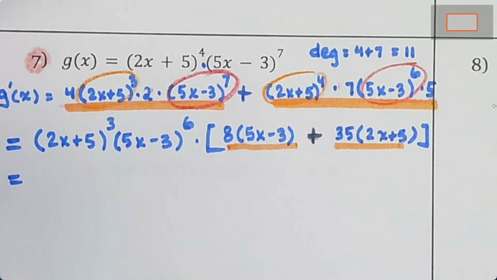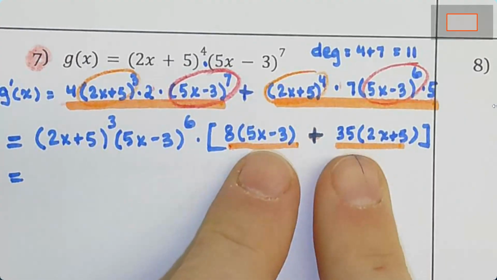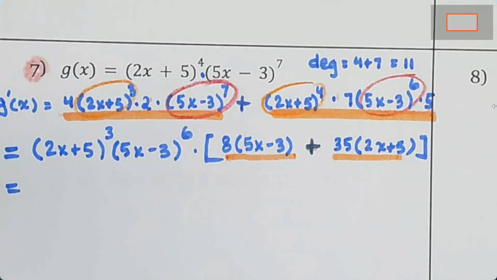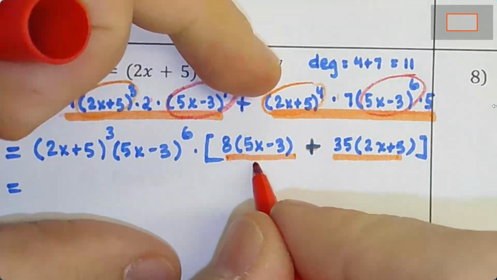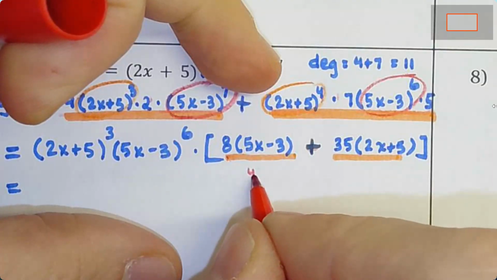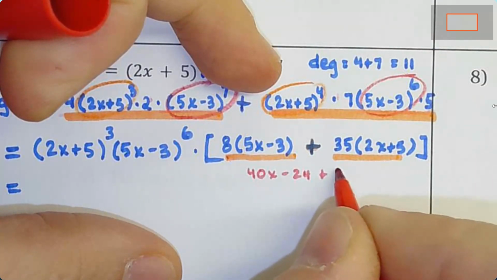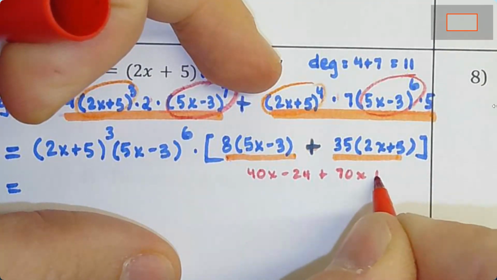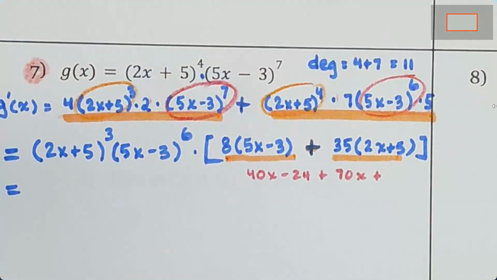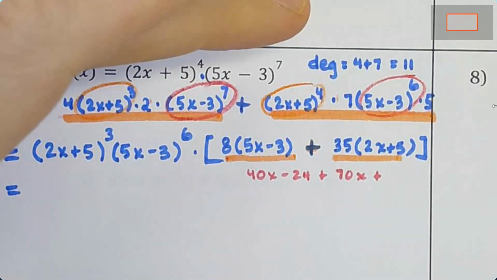And now we're almost done. The last step is going to be to clean up what you've got right here. So let's see. This is 40x minus 24 plus 70x plus 35 times 5, what is that, 150, 175?